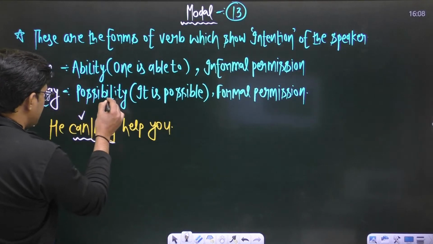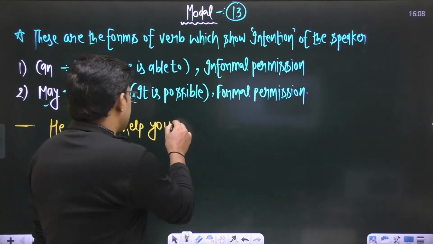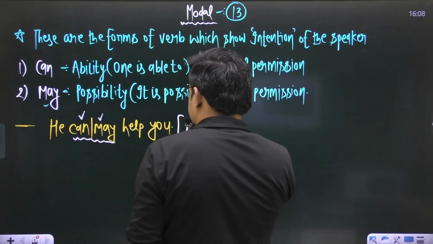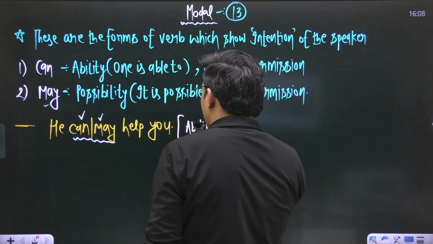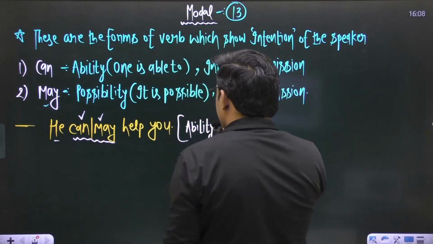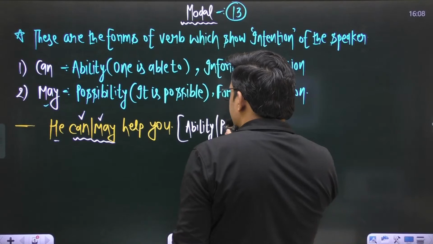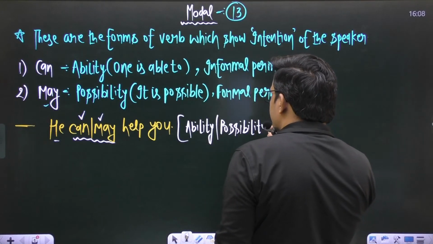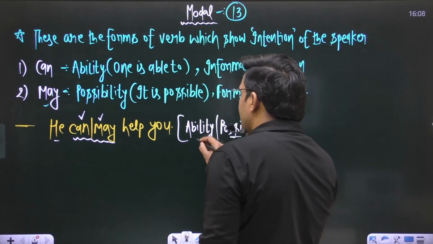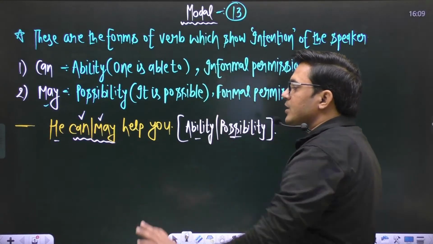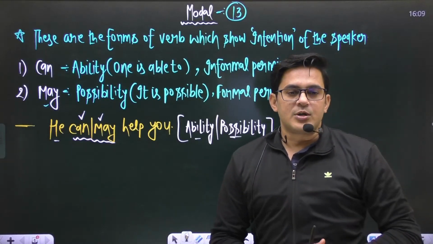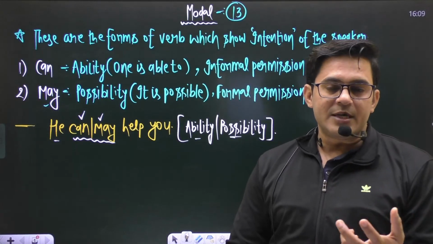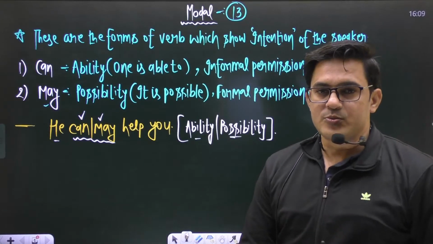When you use can in this sentence, it means this is the ability of the person. And if you use may, it denotes possibility of that particular person. So you can say he can help you, or he may help you. If you use can, it is ability, and in case of may, it is possibility.